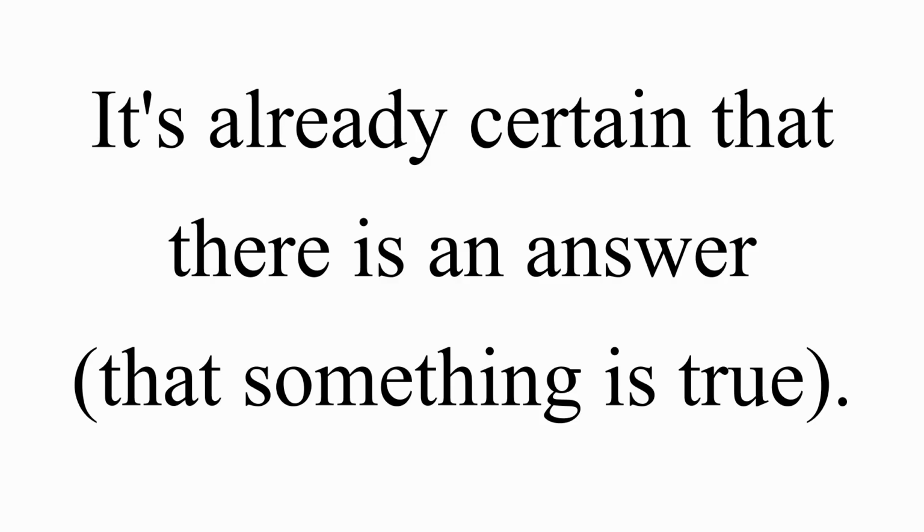You're uncertain who likes dogs or where the party is or whatever it is that you don't know about, right? But it's already certain that there is an answer, that there's a piece of information that fills the blank. Who, what, where, when, why, how. Where a yes or no question, you don't know if there's anything that would fill a blank. So you need to first establish, right?